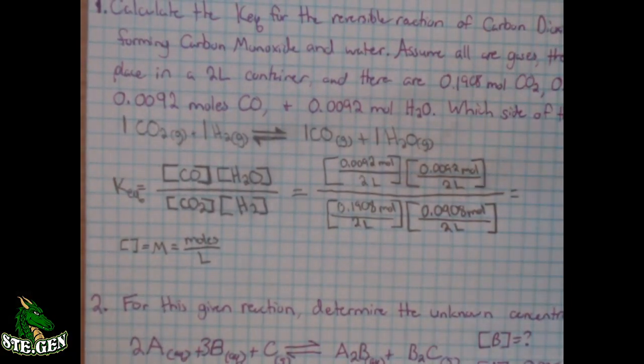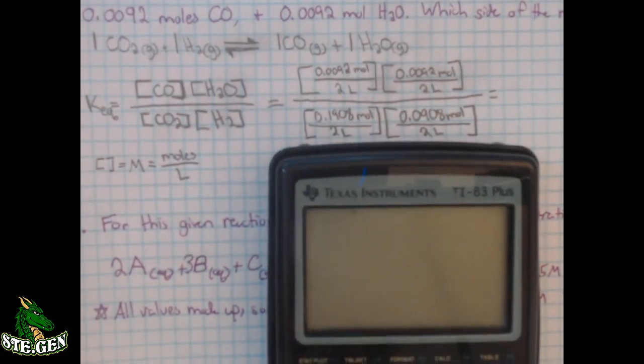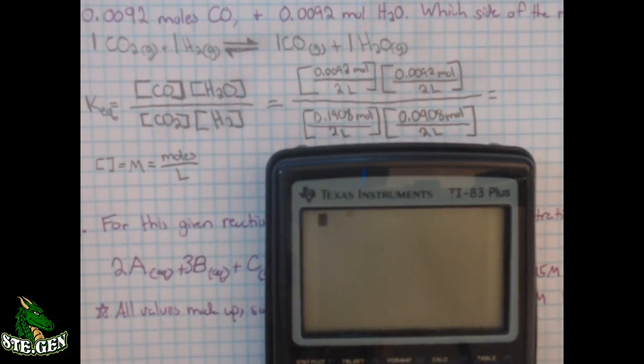So now we can go ahead and plug this in. So what I'm going to do is I'm going to do some annoying parentheses to make it work out. I'm going to do double parenthesis, 0.0092 divided by 2, close parenthesis, and then times, you don't have to do times technically, but I assume most of you would want to do that, 0.0092 divided by 2, close parenthesis, close second parenthesis.